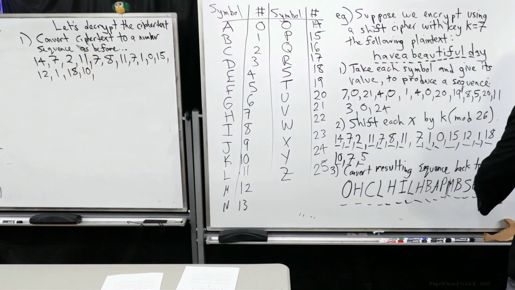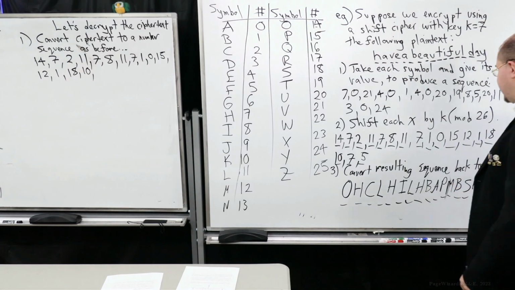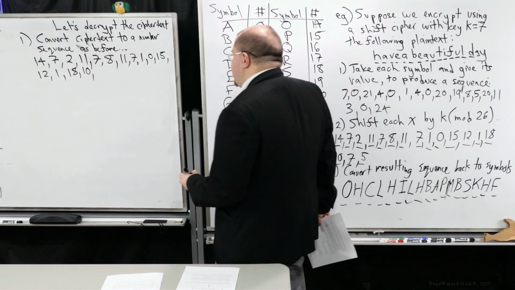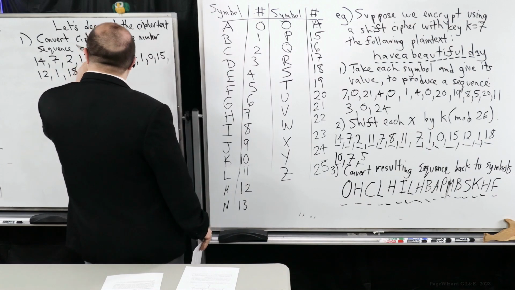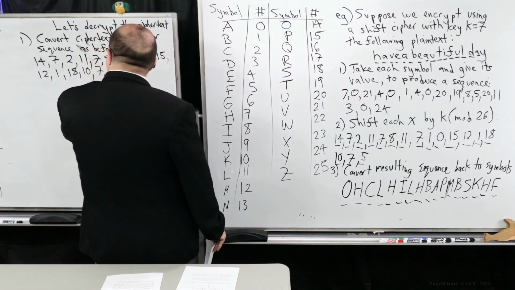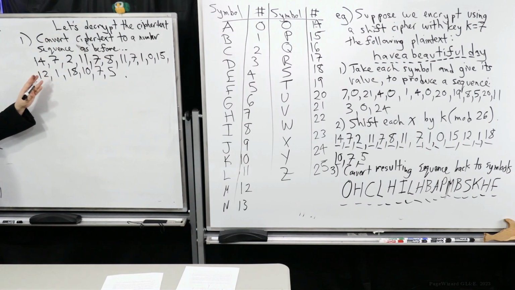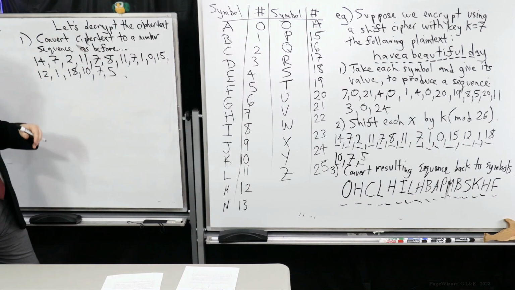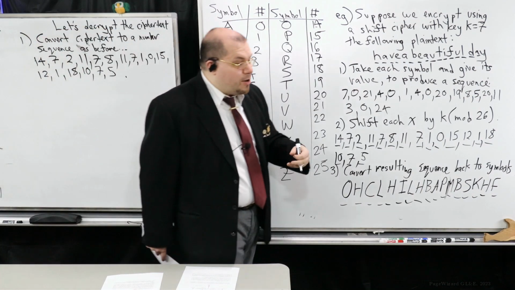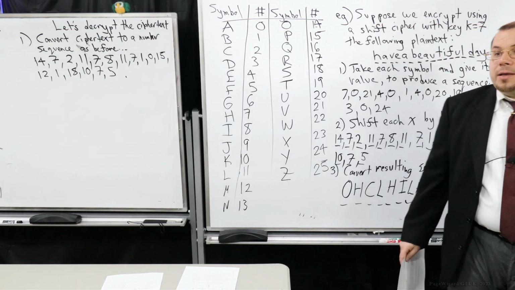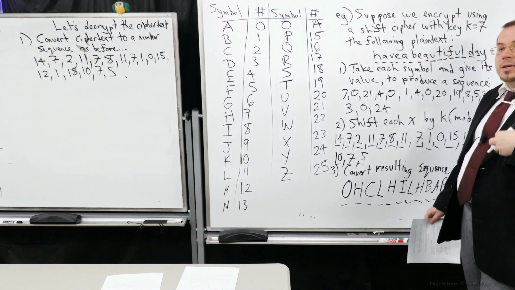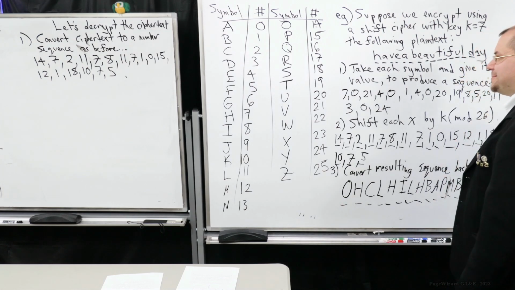Then H and then F. H, F. 7. And then, of course, 5. And there we go. We got our number sequence. Now next, what we need to do is take each one of these. I'm going to now have to subtract off 7, then reduce to modulo 26, right?